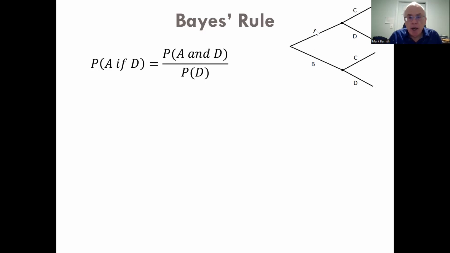All right. So here we have four different events, A, B, C, and D. And we're interested in the probability of A given D. So the probability of A given D is simply the numerator, the joint probability of A and D, and the denominator is the probability of D.